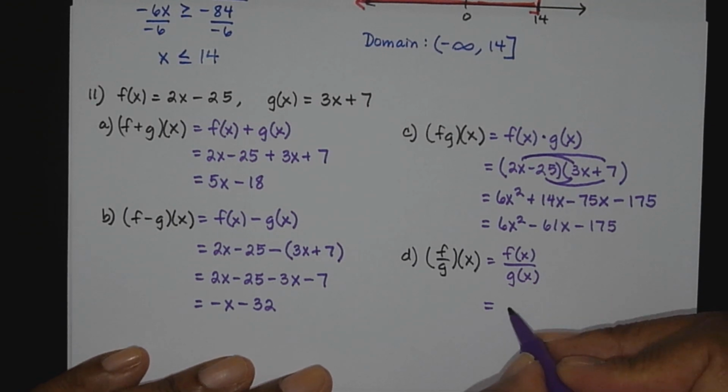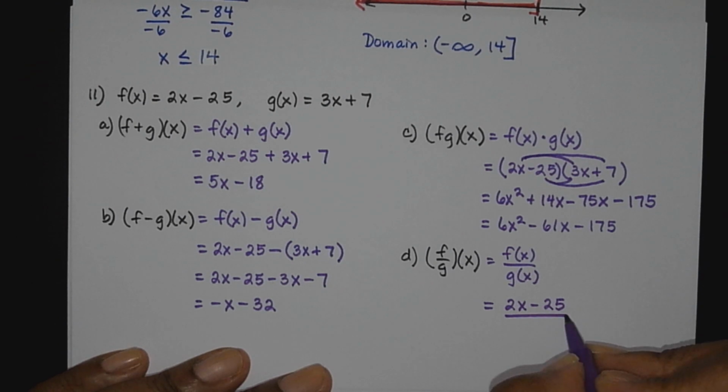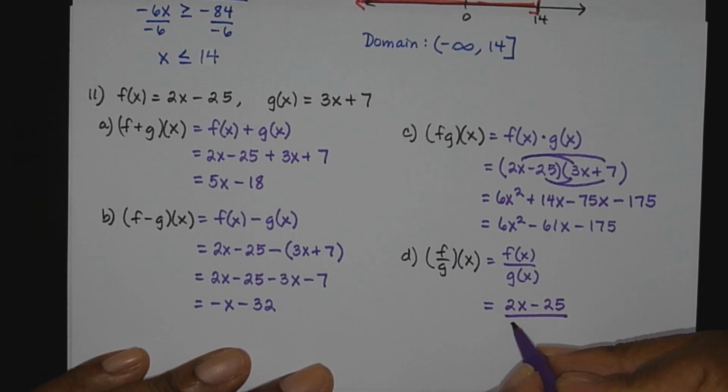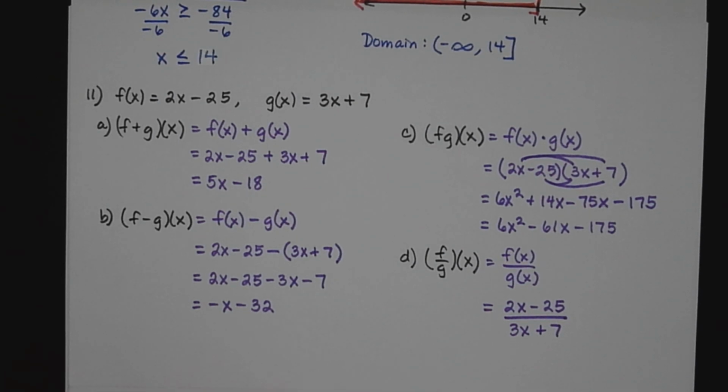In this case, your f of x is 2x minus 25 divided by g of x, which is 3x plus 7. And I would go no further than that, because I can't factor anything out in the numerator and the denominator to divide out common factors. So we'll leave it as 2x minus 25 divided by 3x plus 7.